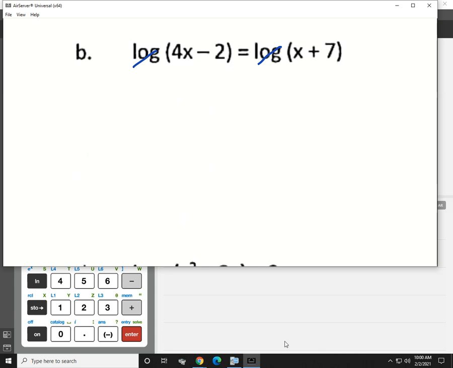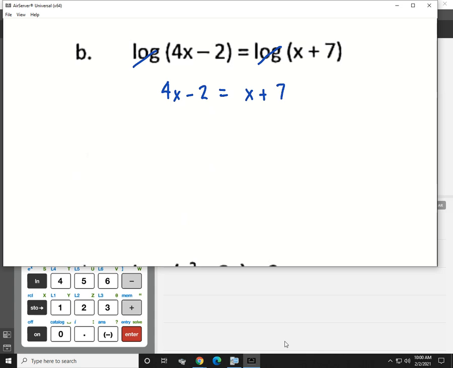What's our argument on the left side? 4x minus 2, right? Y'all going to help me out a little bit? What's my argument on the right side? X plus 7. Thank you. So, we drop off our logs, and we set our arguments equal to each other. Now we solve. Remember how I like to do it?